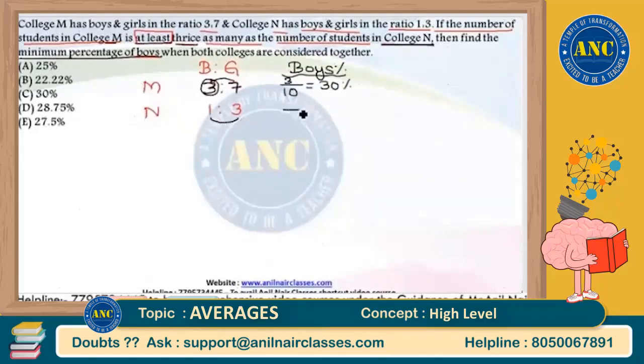Out of 3 plus 1, 4 students, 1 student belongs to boys. The percentage of boys in college N is 25%. That means the boys percentage is in the range of 25% to 30%.